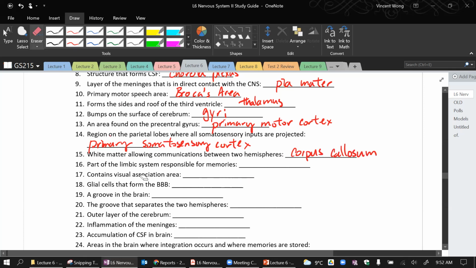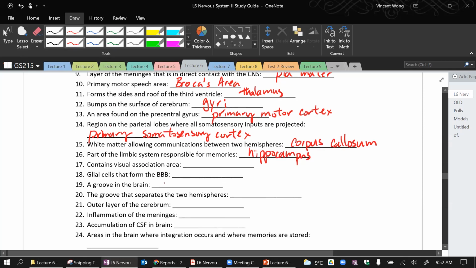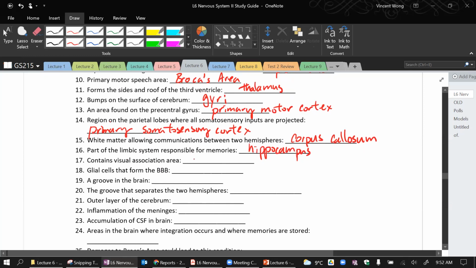Part of the limbic system, the reward system responsible for memory. That would be the hippocampus. Contains visual association area in the occipital lobe. Glial cells that form the BBB, astrocytes.